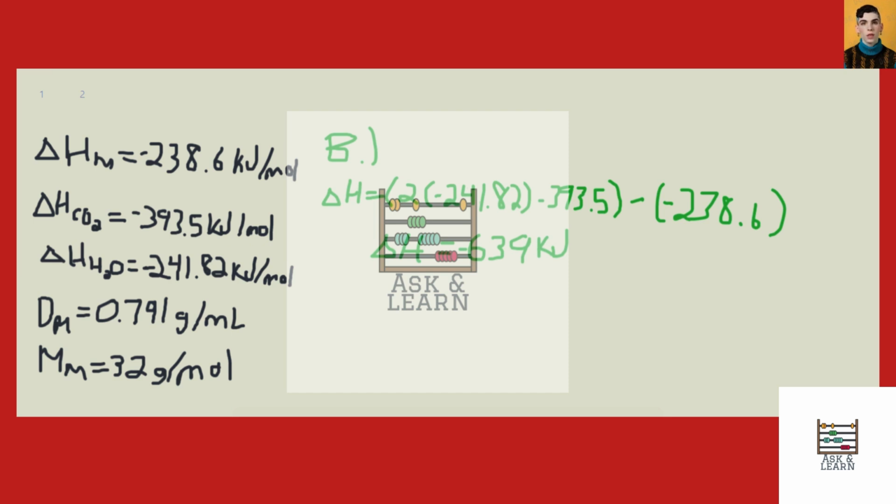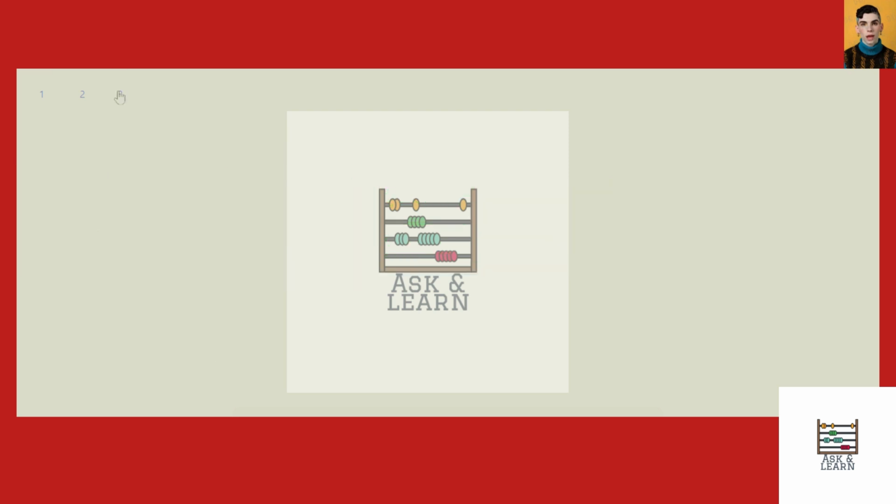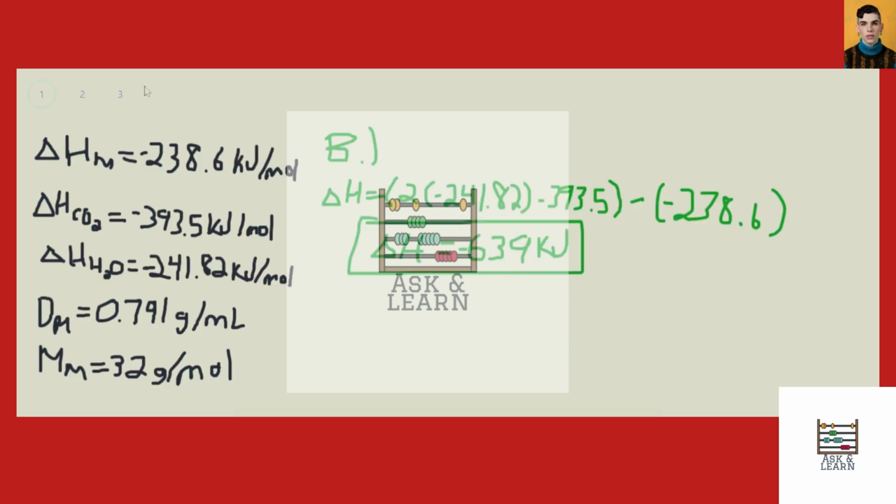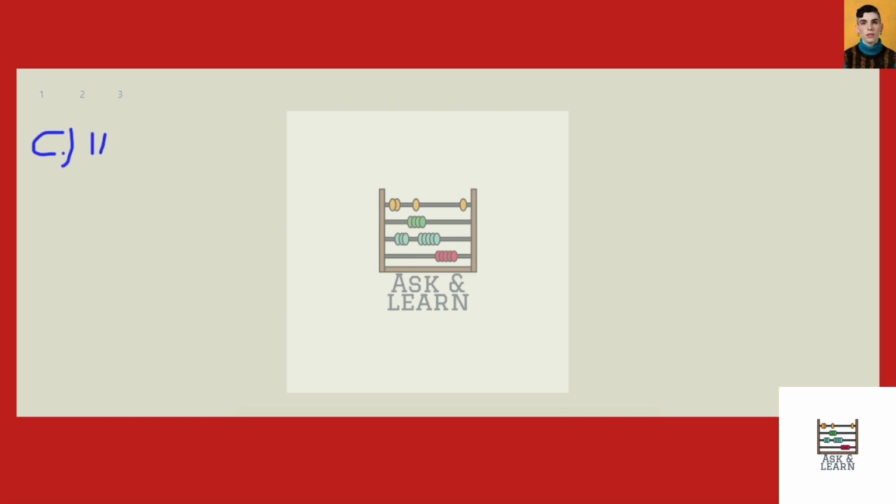Now they want us to calculate the heat produced per liter of methanol. So for C, remember we're using 1 liter of methanol. 1 liter is equal to 1,000 milliliters.